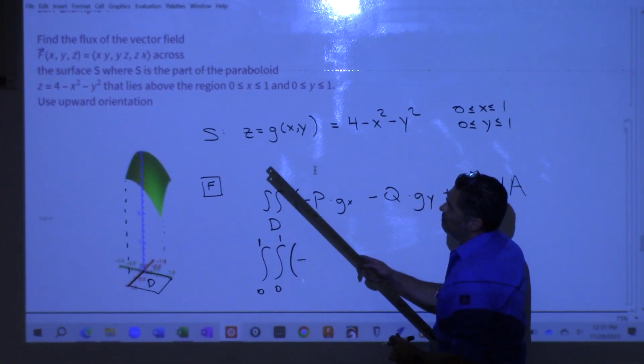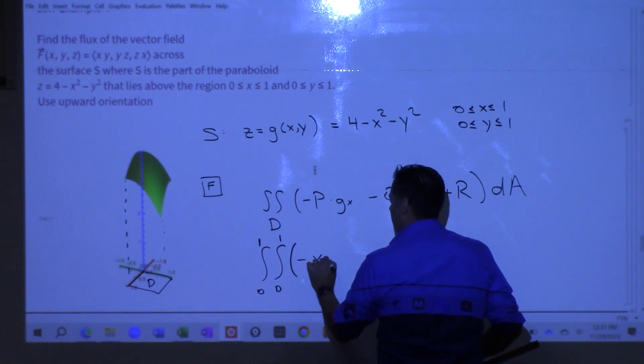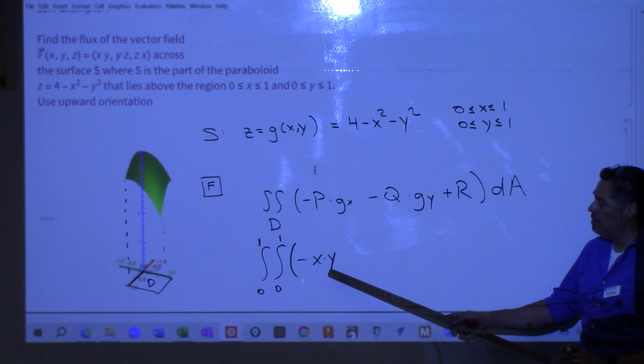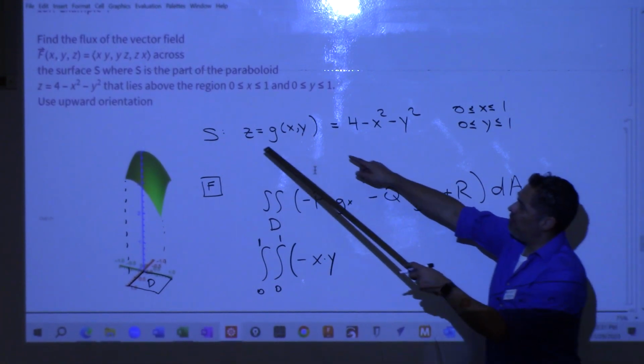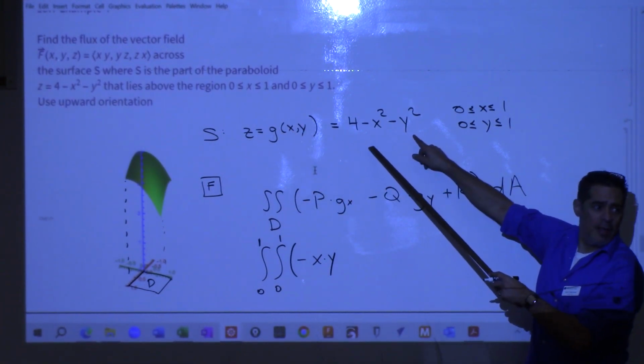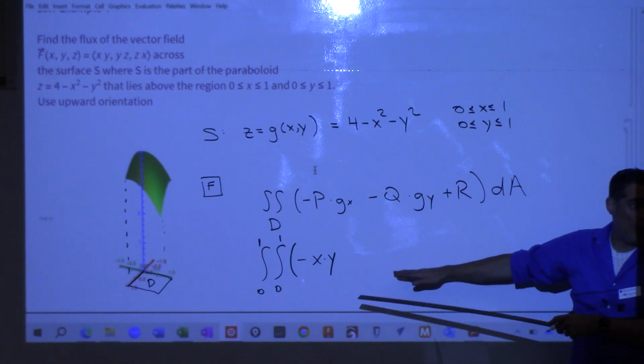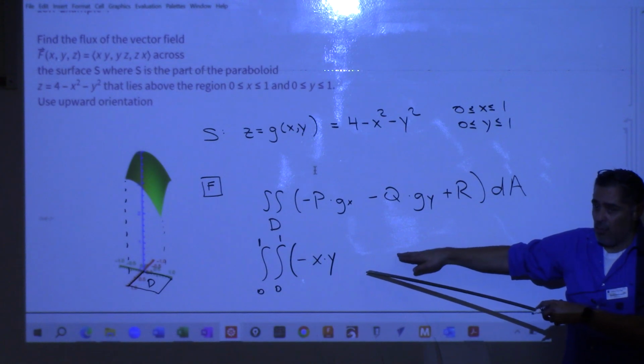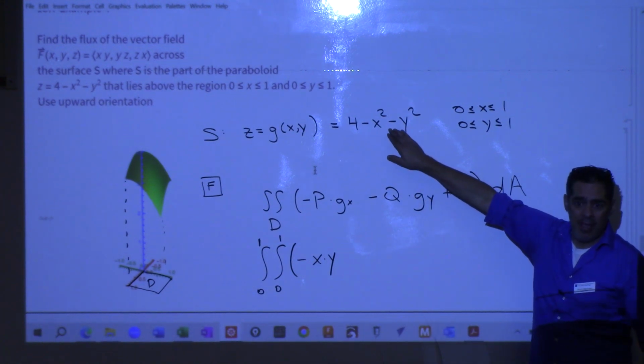Now P is what? X times y. Negative xy, that's fine. Because remember, z is a function of x and y. So our integral should just have x's and y's in it. It should not have any z's. Anytime we ever see a z in here, we have to replace it with this.